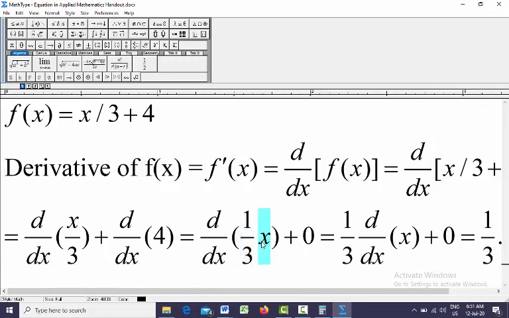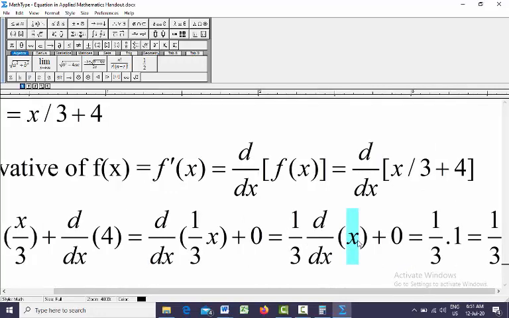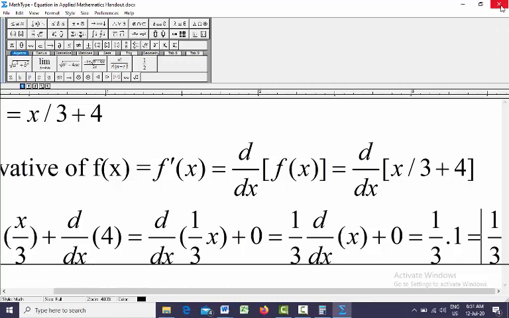So you need to move this one out. We are left with only x, differentiation of x. Differentiation of x with respect to x is 1. So 1 by 3 multiplied by 1, we have only 1 by 3. So that's the answer.